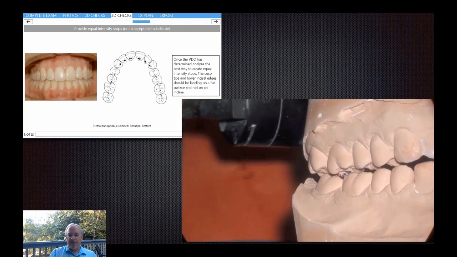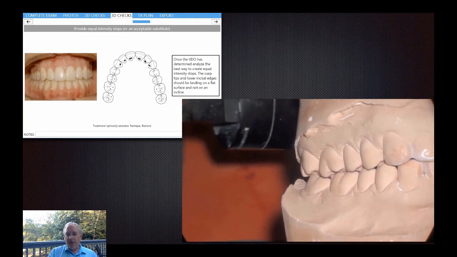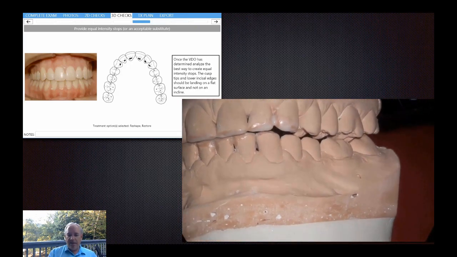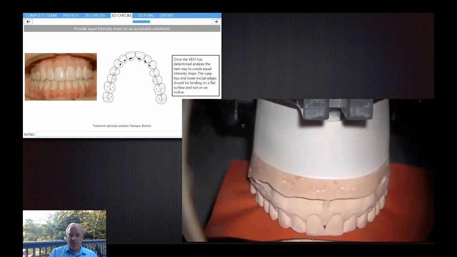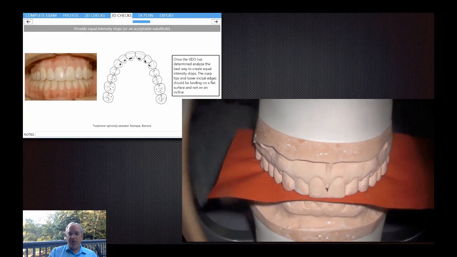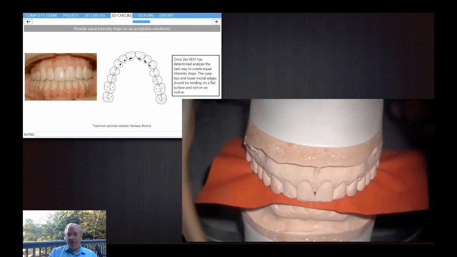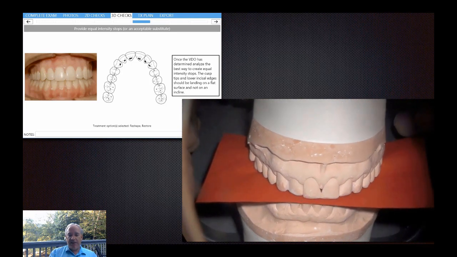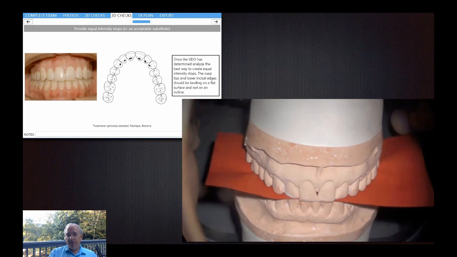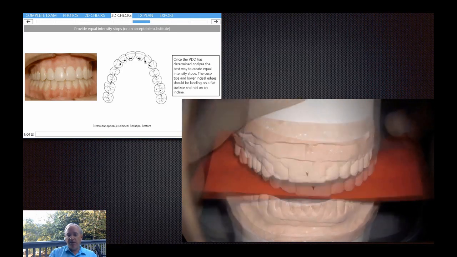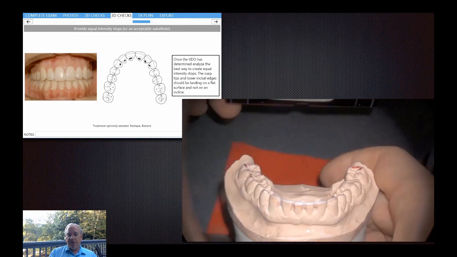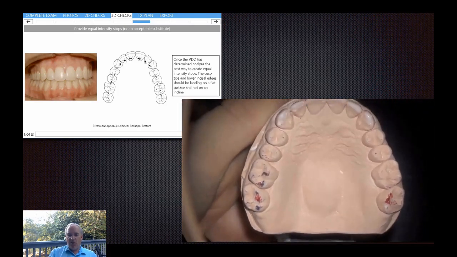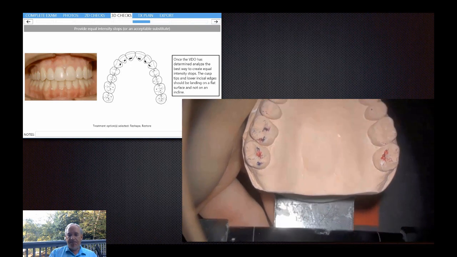And this is a great example of why we need to get the posterior teeth equilibrated. Because if you were to go in there and just bond the front teeth, and he can still rub on his back teeth, muscle activity is still going to be high. So this is why we do this. We're going to equilibrate it so that when he slides around, there's no ability for back teeth to rub.